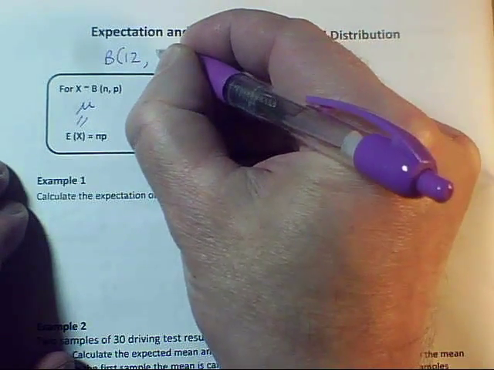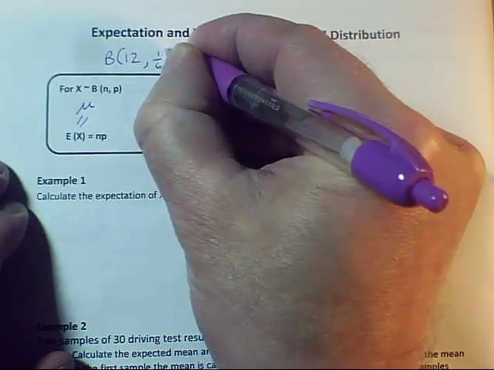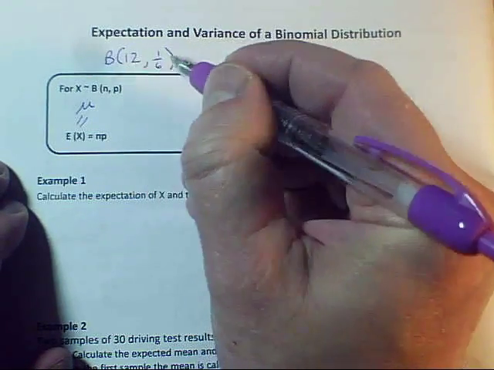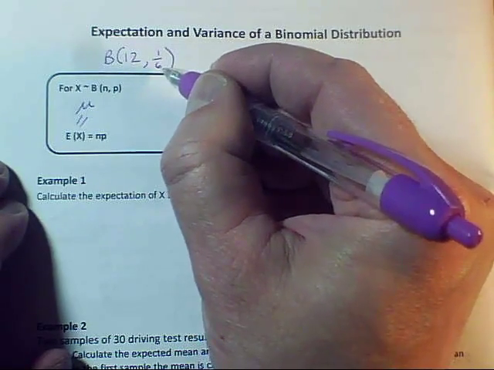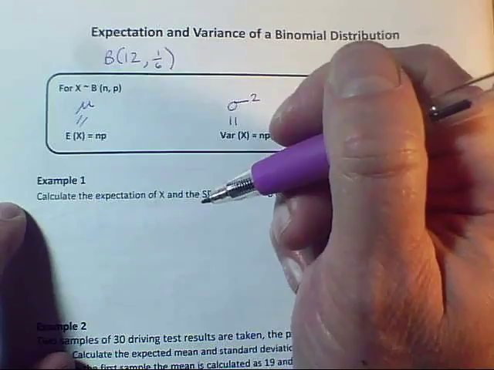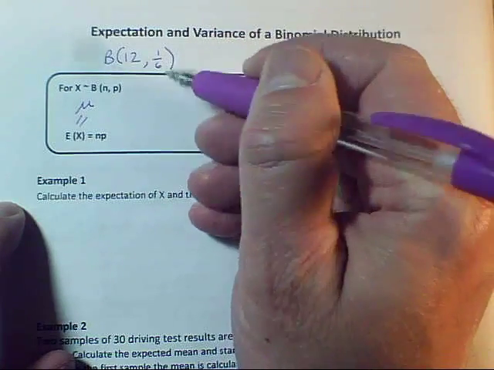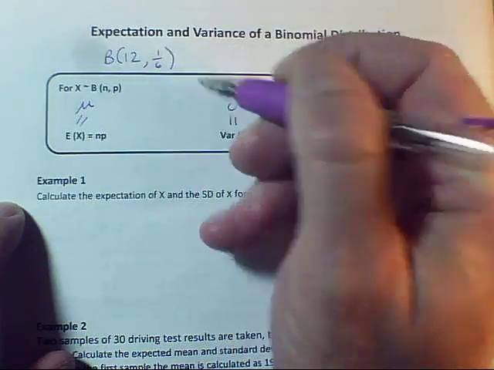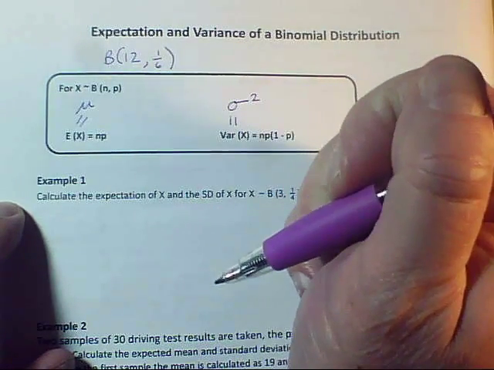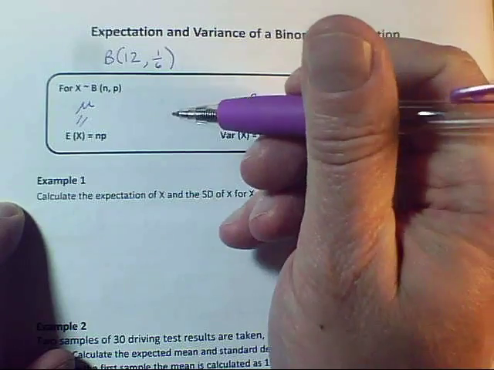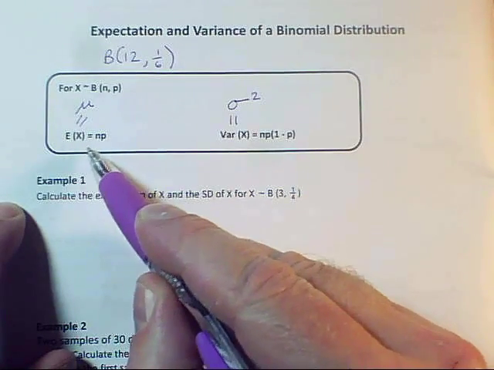Well, the probability of getting a 6 each time is 1/6. So on average, out of the 12 rolls of the dice, 1/6 of them would be sixes, so I'd do 12 times 1/6 and get 2 as the mean number. And this formula here is telling me exactly that.